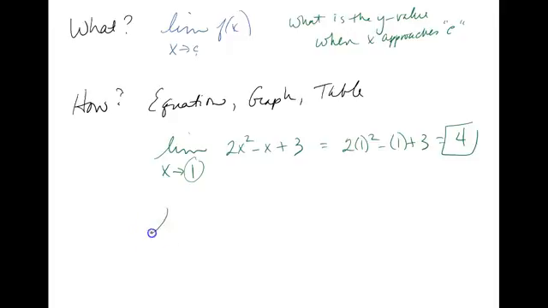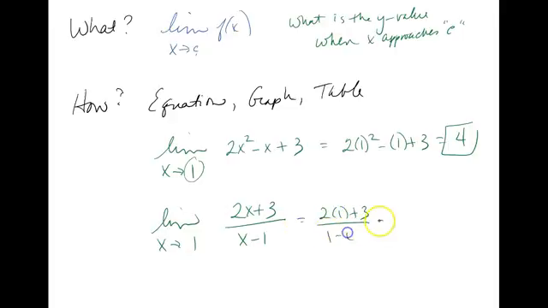Now, let's do the same thing: the limit as x approaches 1, but now let's make it a little more interesting, like maybe this. If I gave you this function and we tried to plug in the 1, we're going to get 5 over 0.